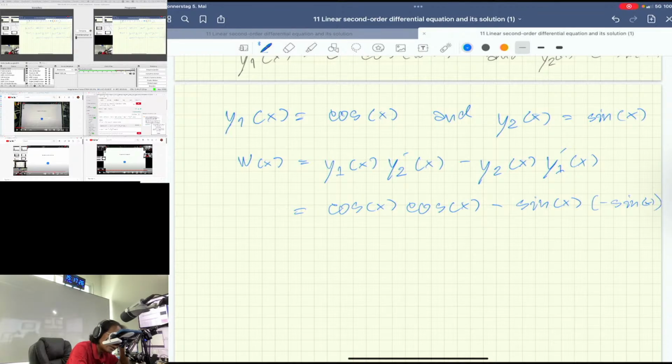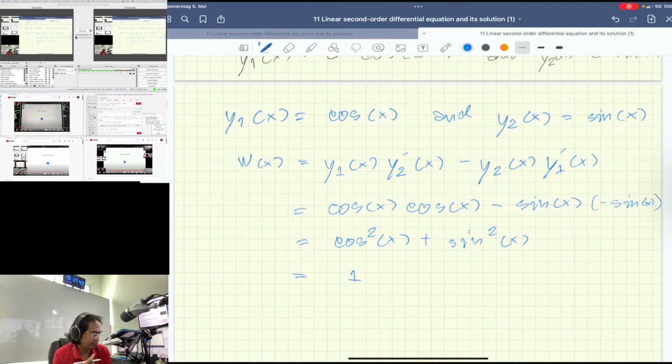And as you can see, this is cosine squared x minus, which will be plus, sine squared x. This is equal to 1. It comes from the typical trigonometric identity.